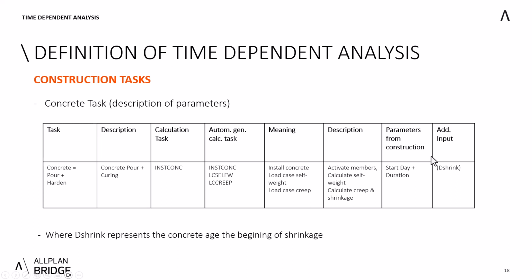This task comes with additional parameters. First of all, parameters from construction, so start day and duration. So we need to know how long it's going to take and what the age of the concrete will be when it's activated. And as we already mentioned, we have the de-shrink parameter, which represents the age of the concrete at the beginning of shrinkage.